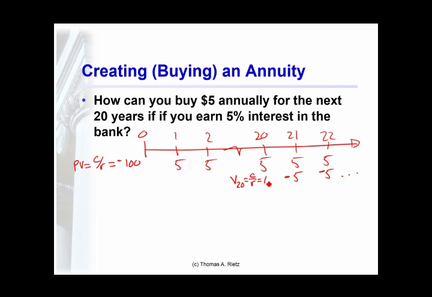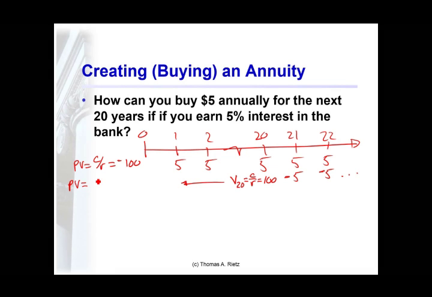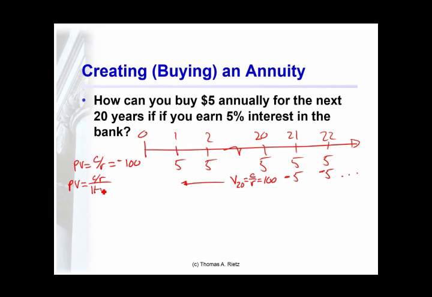In this case, it's also $100. Now we're going to sell that, we're going to give it up, so it's going to have a positive value. But that's the value as of year 20. To get its value today, the present value, I need to take that and discount it back 20 more times.